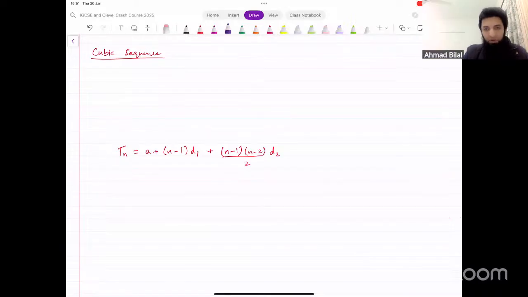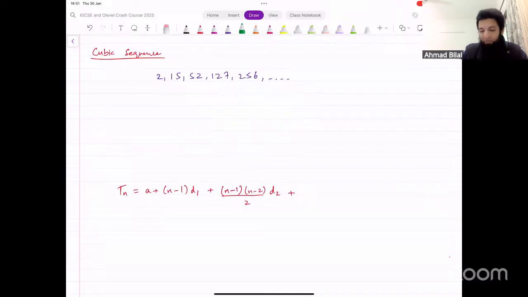Now, first of all, let me write down a cubic sequence. So this is one example of a cubic sequence: 2, 15, 52, 127, 256. Now, why is it a cubic sequence? How can you figure this out?